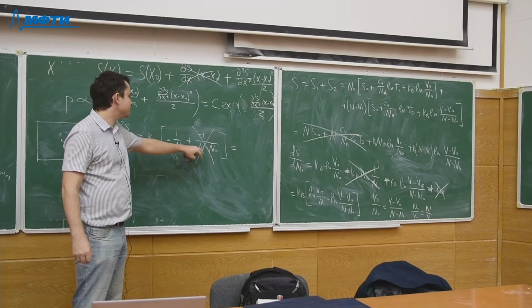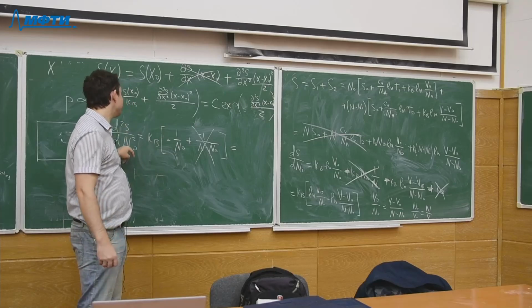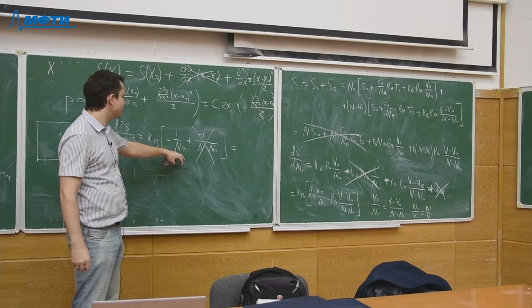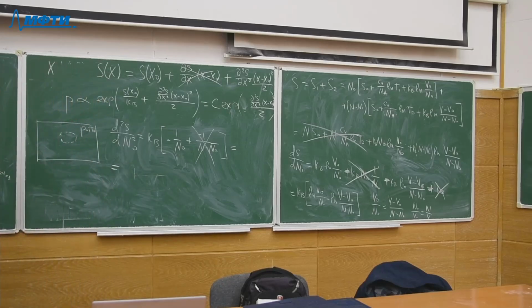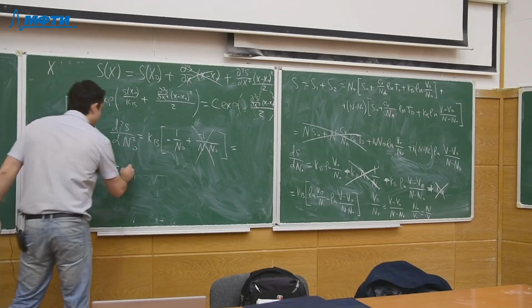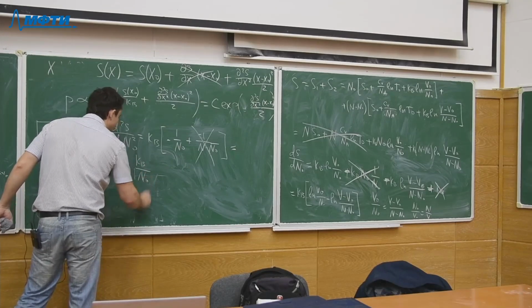So out of these two terms, the value of the second derivative of entropy is determined only by the first term, because the second term is very small compared to the first one. So I can write that this is equal to minus kb over n0.